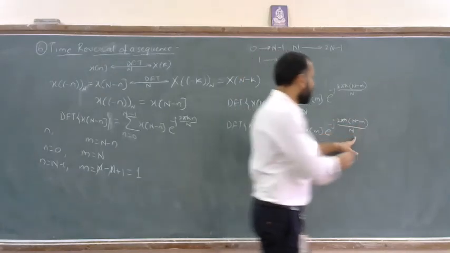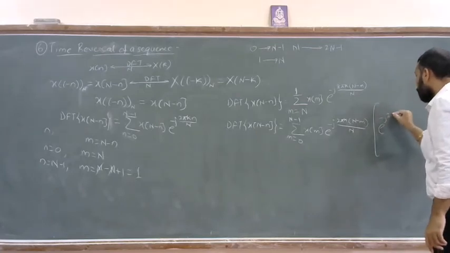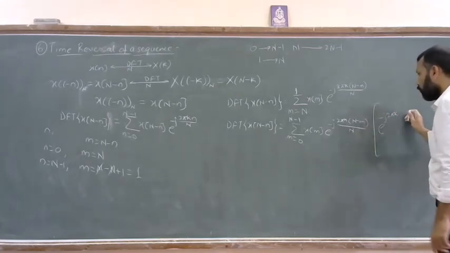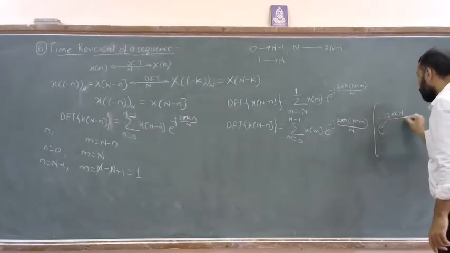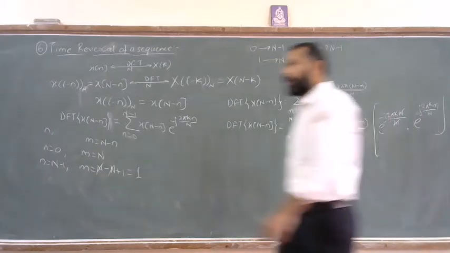It can be written as two exponentials. The first one will be e to the power minus j 2 pi k into capital N divided by capital N. And the second exponential will be multiplied by minus of this minus, which will be plus, so it will be plus j 2 pi k m divided by capital N. Now, in the first exponential, N in the numerator and denominator will cancel, and we will be left with e to the power minus j 2 pi k.